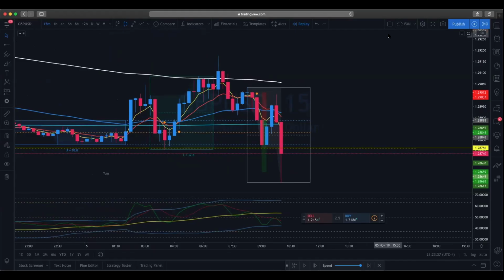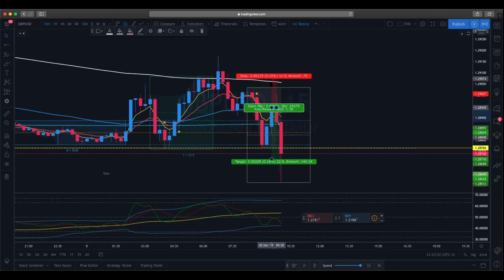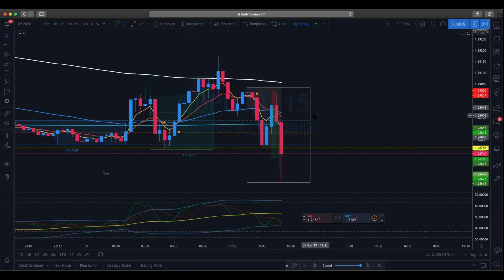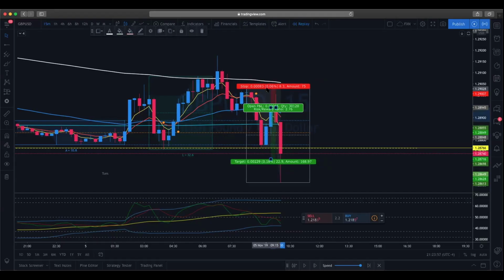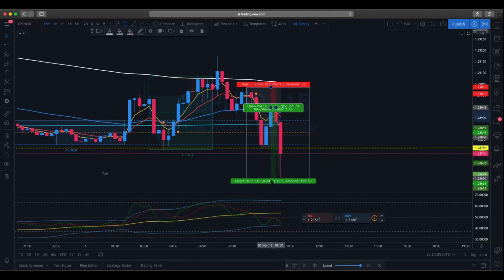If you're thinking that this candle was too big for you, you get this pullback here, and that makes it a way better trade. Now it's only a 7 pip or 10 pip stop loss. And this one ended up 33 pips.